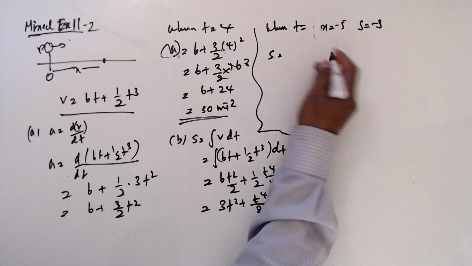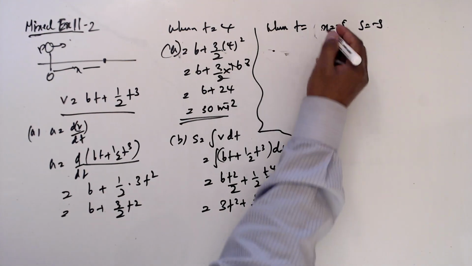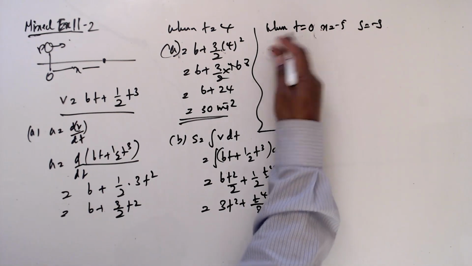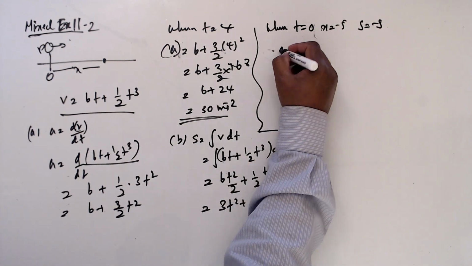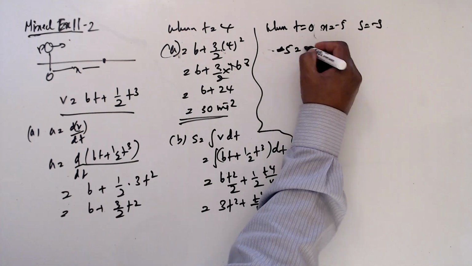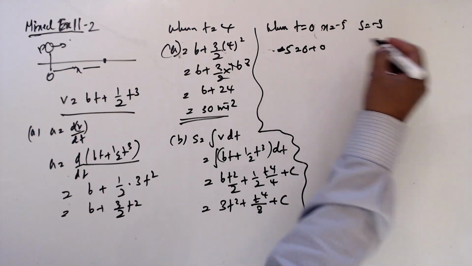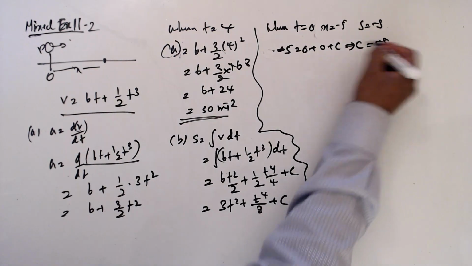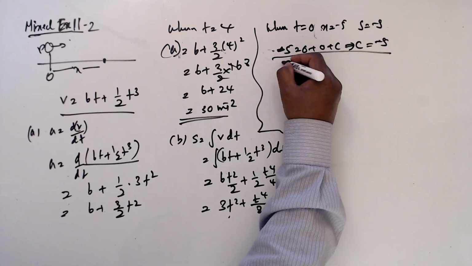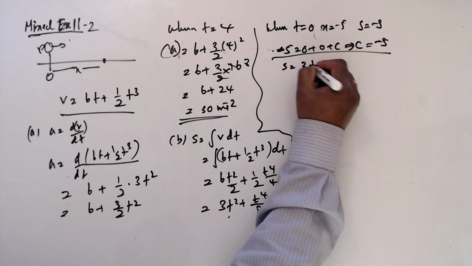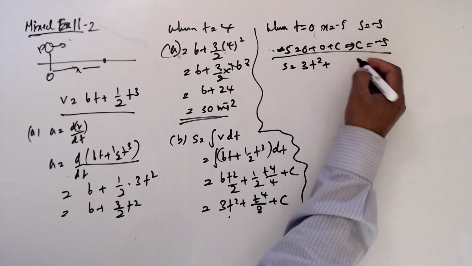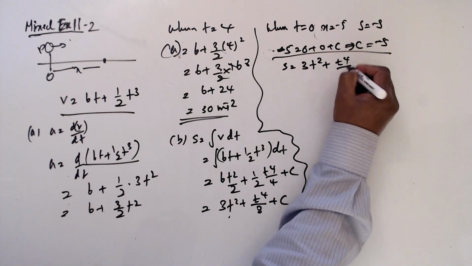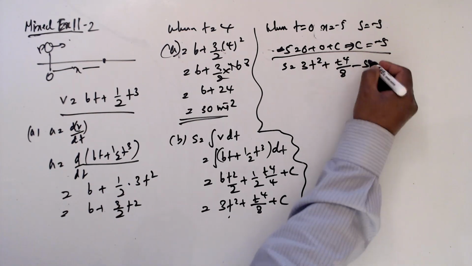So we'll apply when t equals 0. This is 0 minus 5 equals 0 plus 0 plus c. So c value equals minus 5. We'll rewrite the equation now. S equals 3t square plus t to the 4 over 8 minus 5.